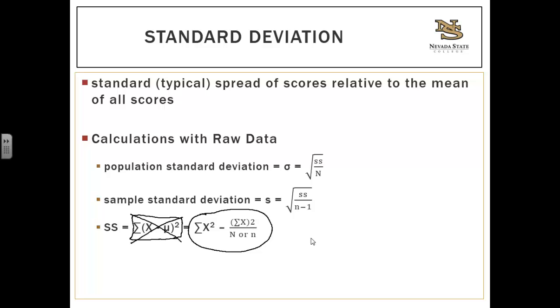Whenever you think about fractions, if you have a smaller number in the denominator, the overall value tends to be larger. So by making the denominator slightly smaller, we bump the overall value of the standard deviation up just a bit to account for the fact that we know samples tend to underestimate the variability in the population.